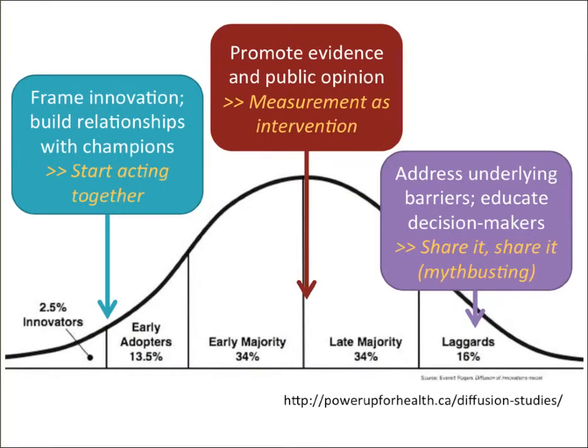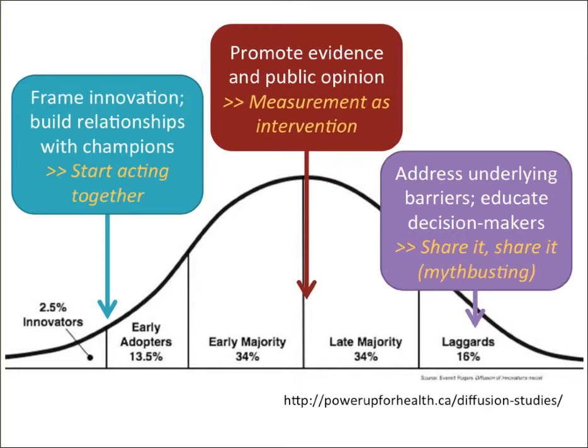To give you an example of how some of the strategies in the Policy Readiness Tool can be related to some of the evidence and policy context that I've already talked about: the tool, on the far left, says that if you're living in a community that you think is an innovator or early adopter, then key strategies are making sure that you frame whatever you're going to do as innovative, and building relationships with key champions to get the ball rolling.